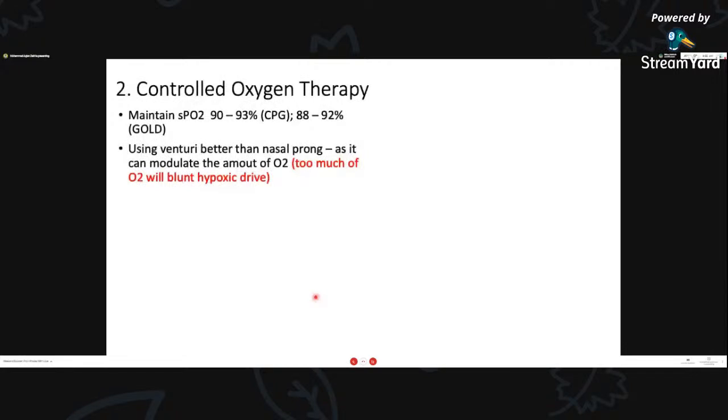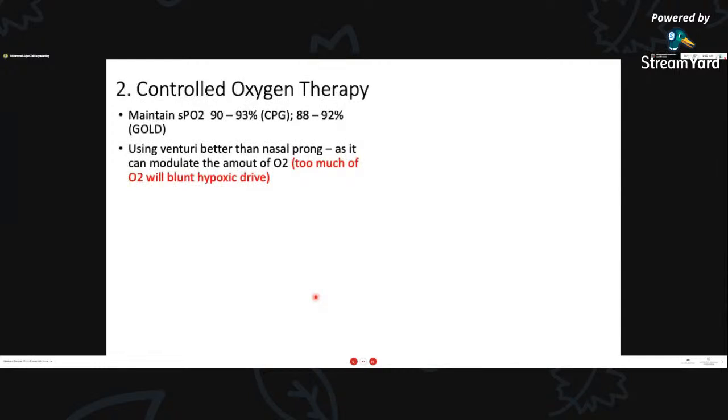This is also a favorite question by lecturers, because they are in a state of chronic hypoxia, meaning that they've been living their life in a hypoxic state. This hypoxic state leads to what we call a hypoxic drive. In other words, this hypoxemia is what drives their respiratory center to be activated in order to initiate the respiration, the inspiration, as part of the respiratory cycle.